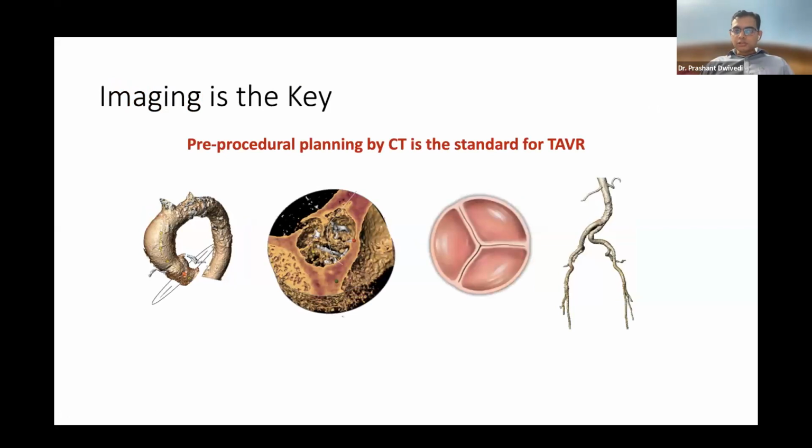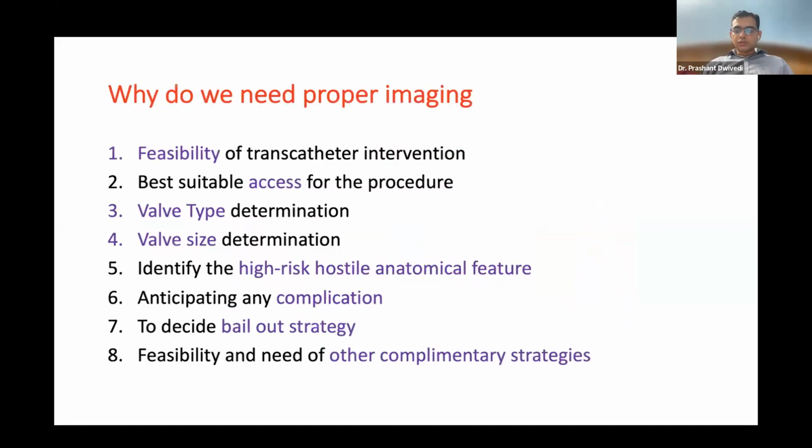For the TAVR perspective, CT is the key for pre-procedure planning, because if we know exactly what we are going to find, what size of the valve, and what exactly we have to do, we can execute very well. So why do we need proper imaging? We need to understand whether the transcatheter intervention is feasible or not.